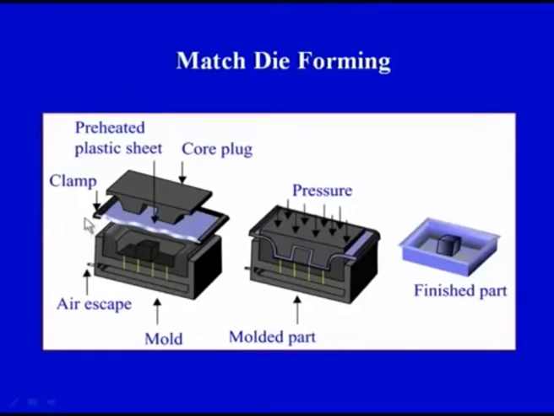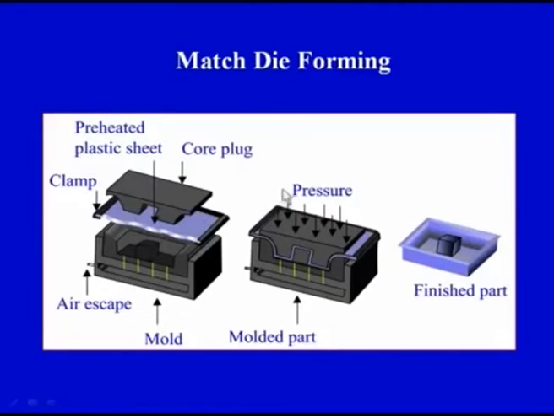So clamping arrangement is again present here, which was also present in case of a pressure box and the mold, which was seen in pressure forming. So we have a preheated plastic sheet, again this light blue color, this arrow indicates this light blue color sheet is the preheated plastic sheet.